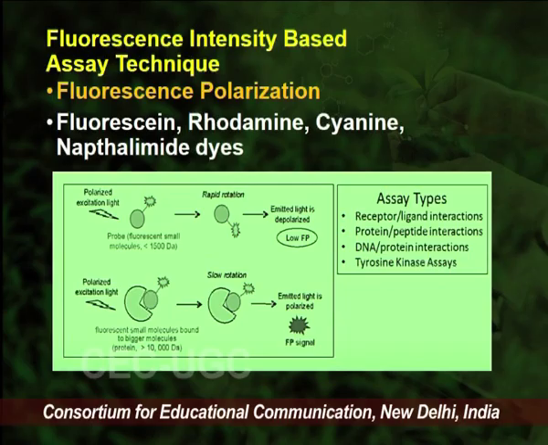Once the drug molecule is bound with these dyes and polarized light is passed through it, since the drug molecule is very small, it will show a rapid rotation, which will change the polarized light into depolarized light. And once the light is depolarized, we get no signal.